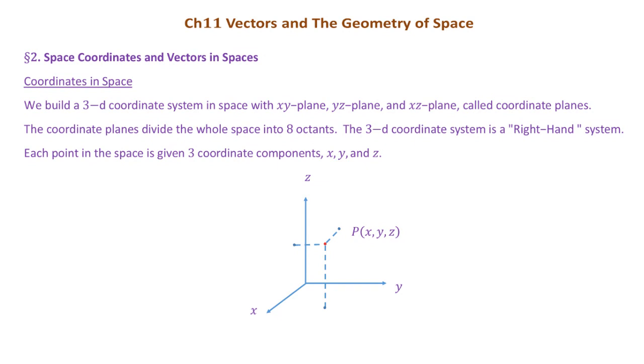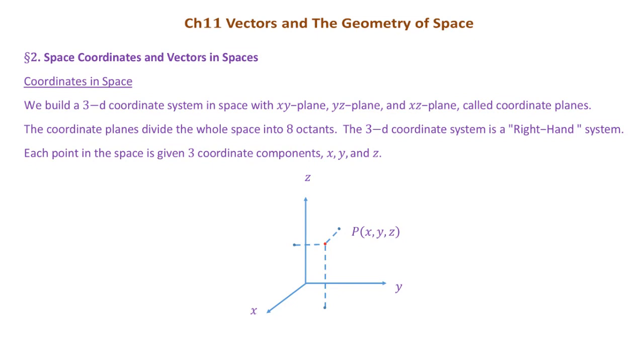Point the thumb of your right hand in the positive z direction, and then curl your fingers from the positive x-axis to the positive y-axis. That gives you a right-handed system.